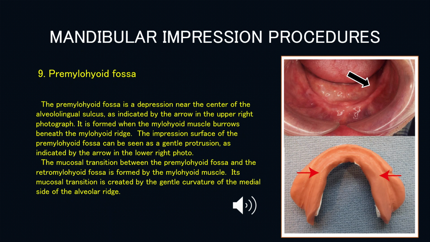The impression surface of the premylohyoid fossa can be seen as a gentle protrusion, as indicated by the arrow in the lower right photo. The mucosal transition between the premylohyoid fossa and the retromylohyoid fossa is formed by the mylohyoid muscle. Its mucosal transition is created by the gentle curvature of the medial side of the alveolar ridge.